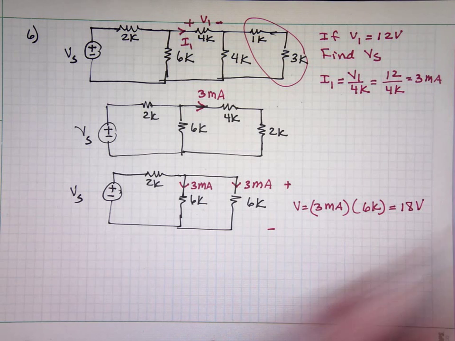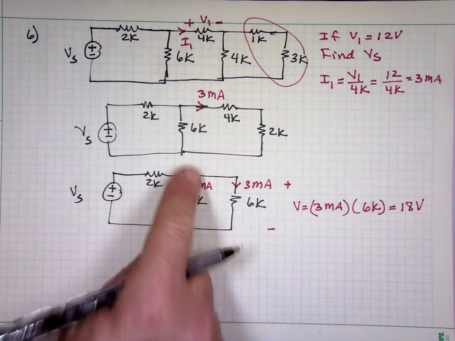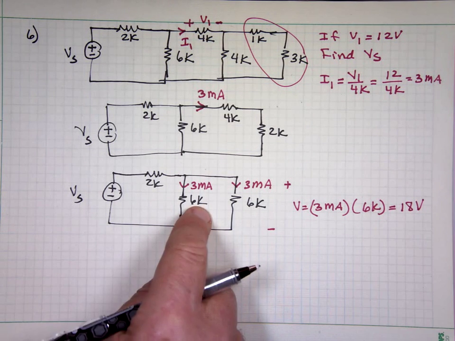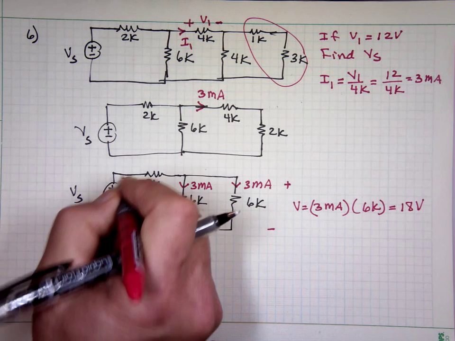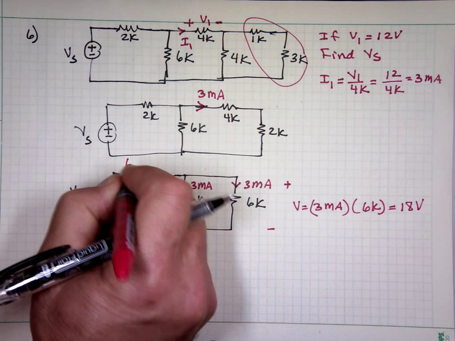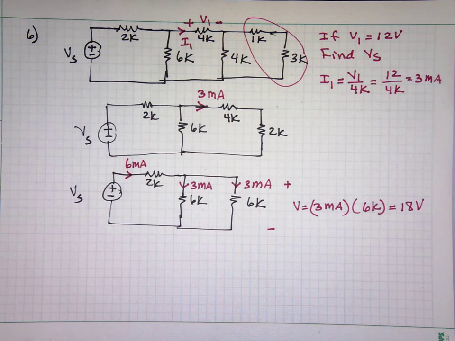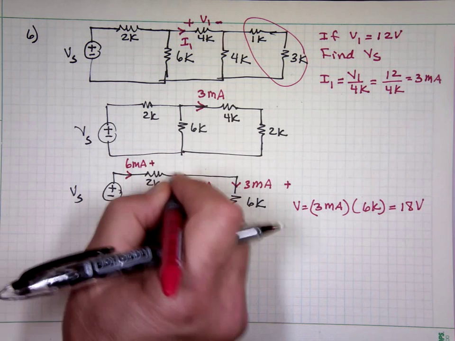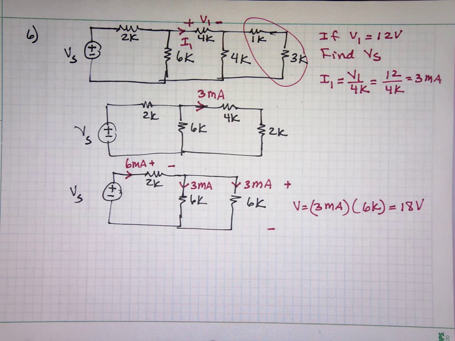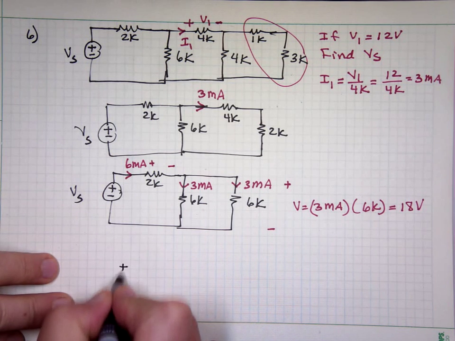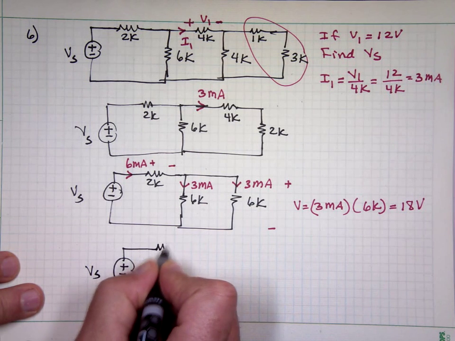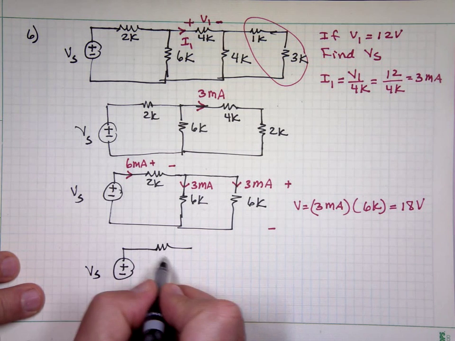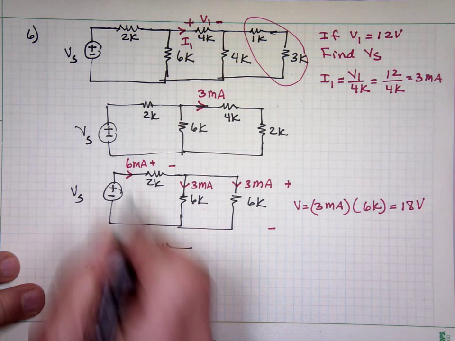So you want to find the current here? 18 divided by 6 is 3 milliamp. 3 and 3, that's 6. There's a current going this way of 6 milliamp. There's a voltage drop here, plus to minus, 6 times 2 is 12 volts.